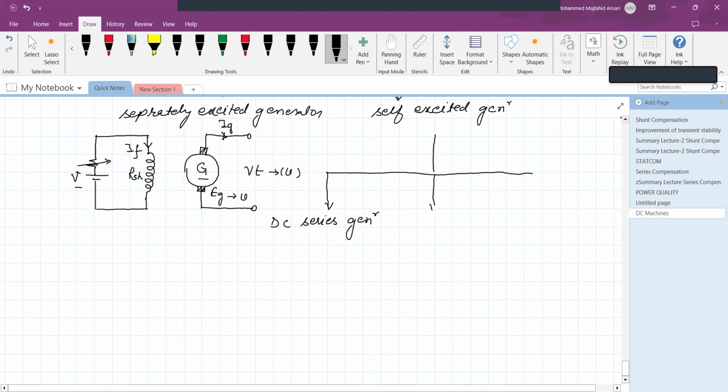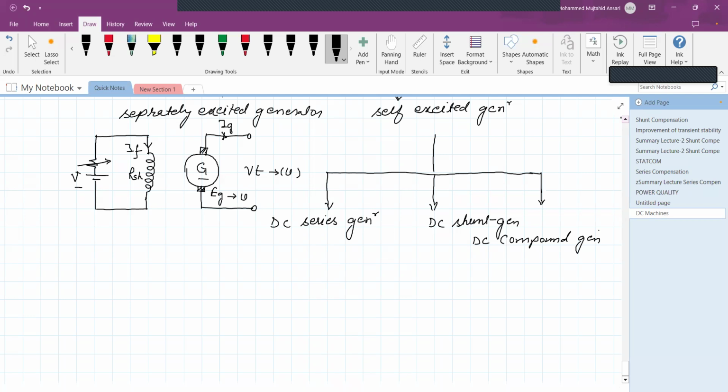Second is the DC shunt generator. And third is the DC compound generator. So it means that the DC series generator is one whose field winding and armature winding are connected in series.